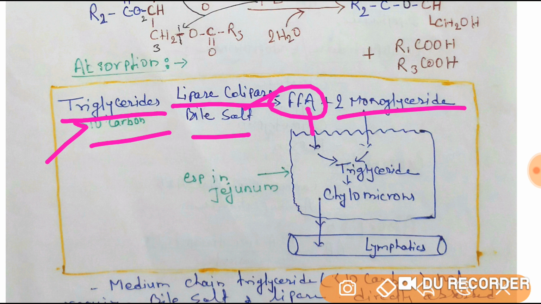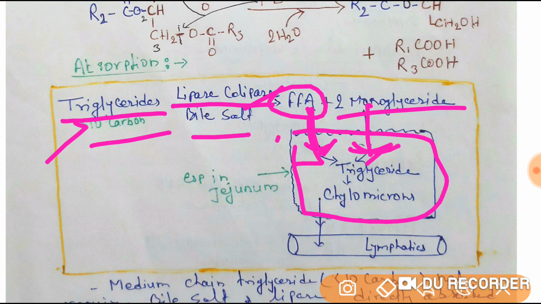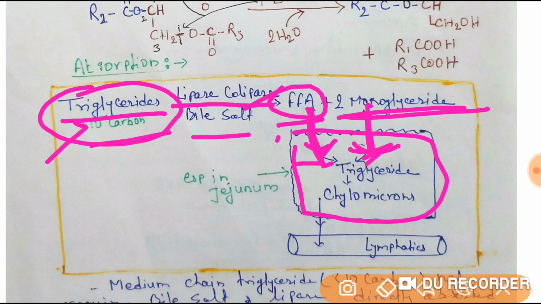Then the free fatty acids are absorbed into the intestinal cell, and there they combine again. So if the fat has more than 10 carbon, it has to break to the simple form of free fatty acid and 2-monoglyceride, and then in the cell it gets combined again and becomes triglyceride.